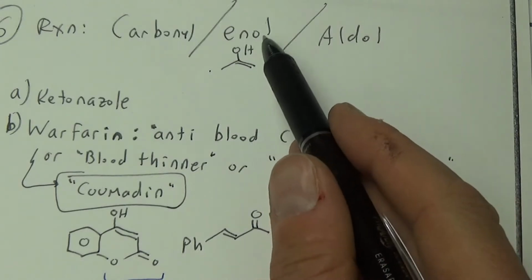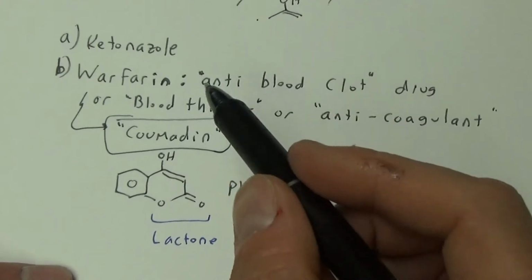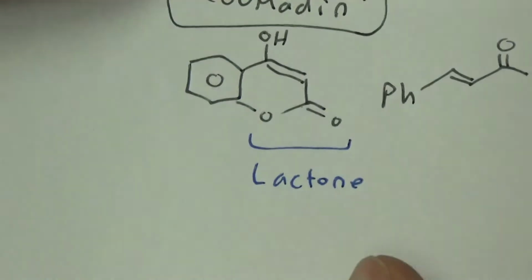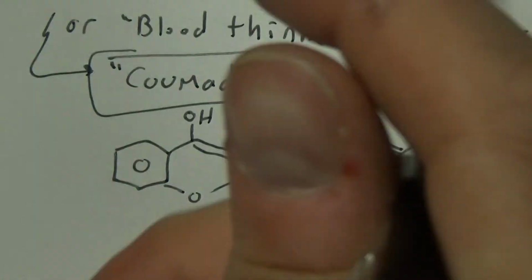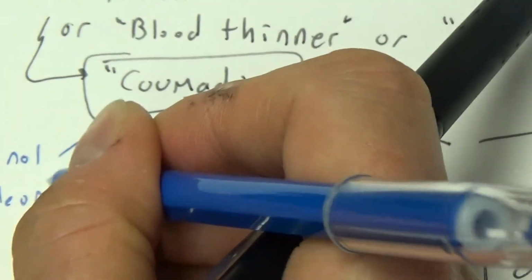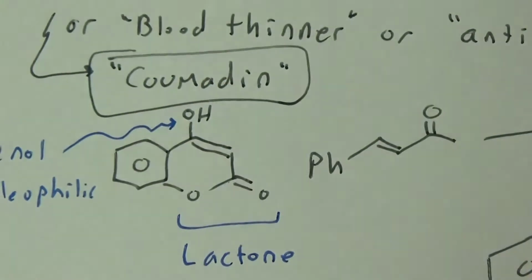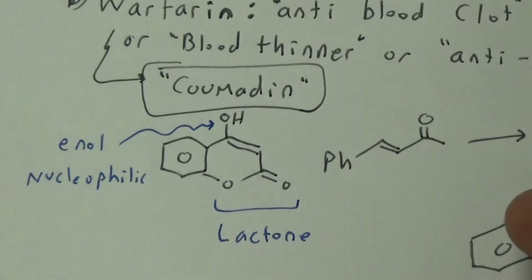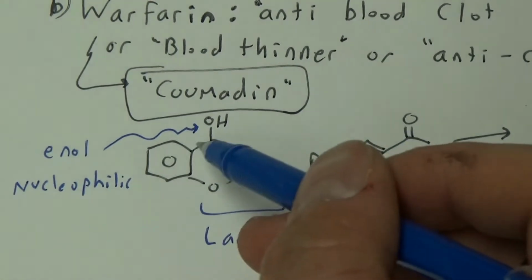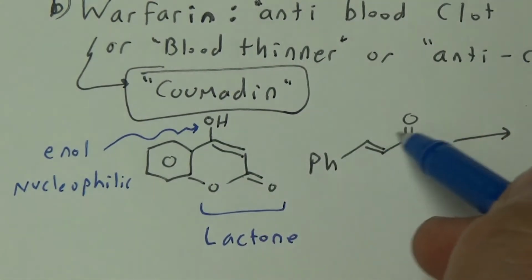Any reactivity that you might remember of this little enol thing? Well, an enol is nucleophilic, meaning it likes to attack stuff. It can be a nucleophile, and this thing can be an electrophile. This can just attack this.